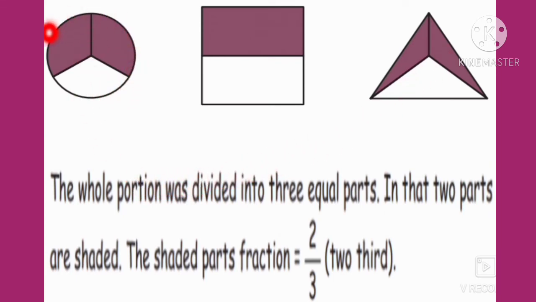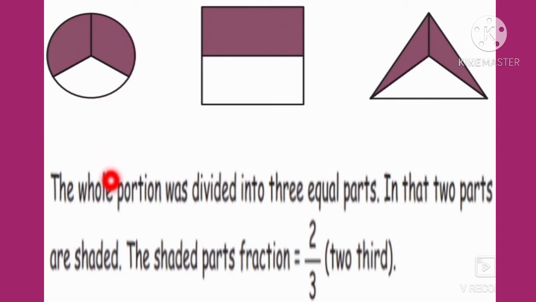So from 3 equal parts, 2 parts are shaded: 1, 2. And now what will be the fraction of the shaded portion? Yes, that is 2/3. That is the number of parts shaded by the total number of parts.